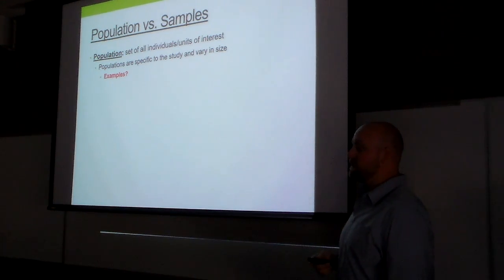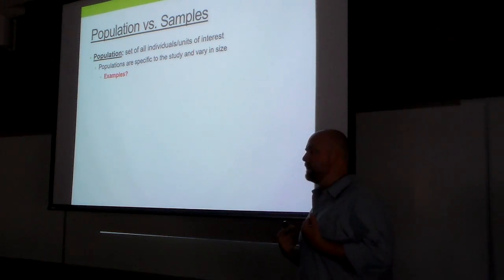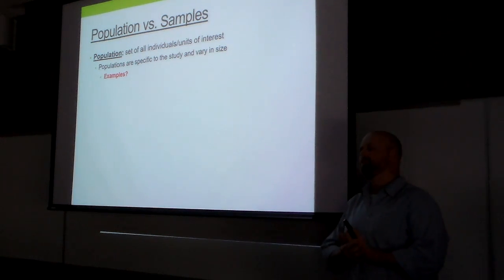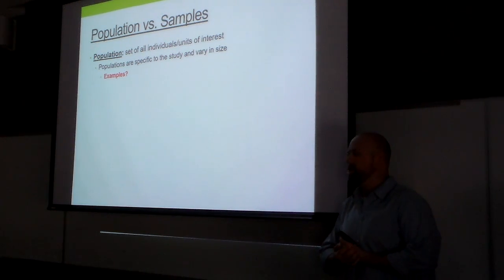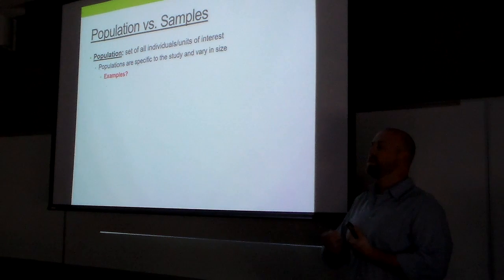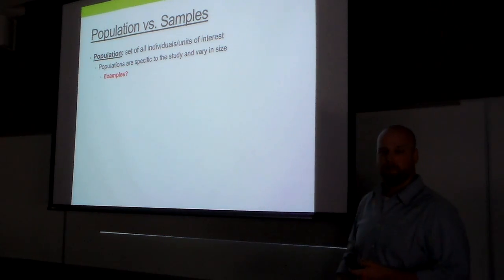But one thing to think about is we can also get kind of abstract in terms of our populations, right? Let's say you have in your experimental study some sort of experimental manipulation, right? Who's your population? Well, it's a hypothetical population of all people who would potentially be subjected to this experimental paradigm, right?